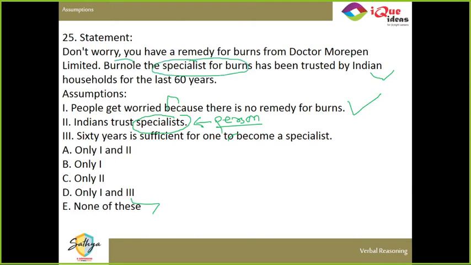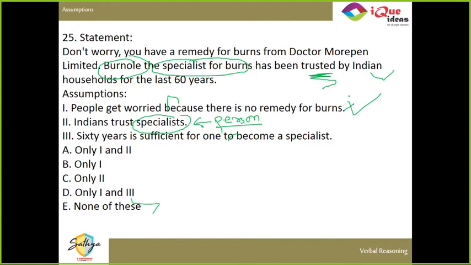I'm only specifying Bernol is trusted. I'm not saying specialists are trusted. I'm saying Bernol is a specialist, but I'm not saying the specialist is trusted. I'm saying Bernol is trusted. I'm not saying all specialists are trusted. So I cannot, from a special case, derive a general statement that Indians trust specialists.